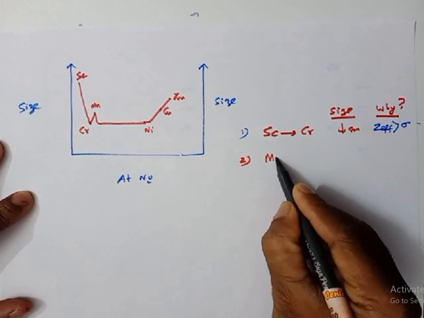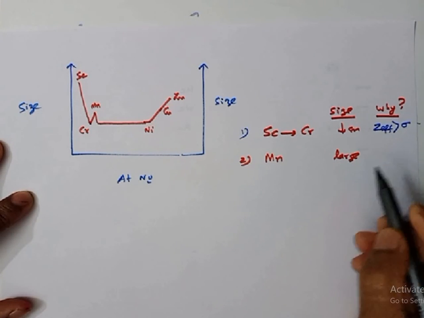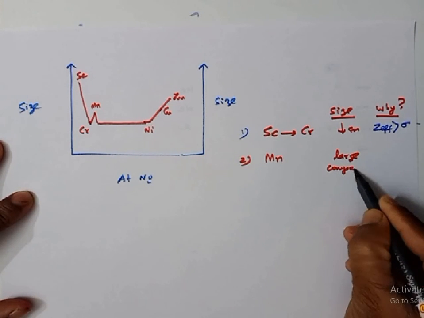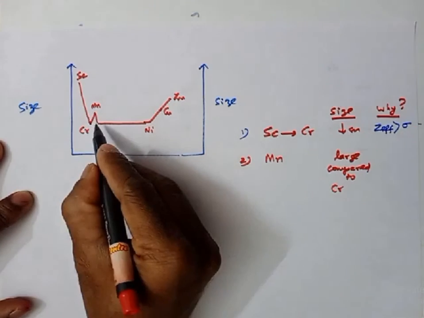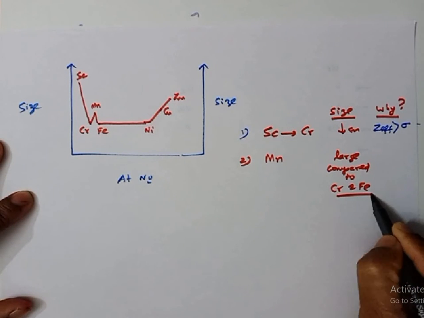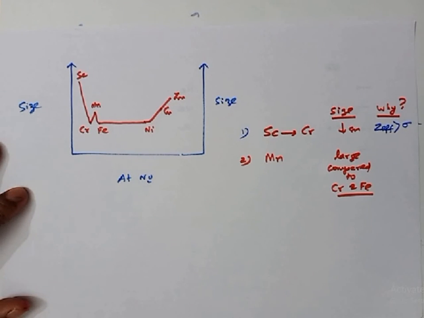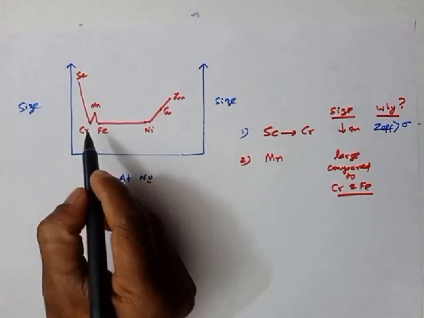Then the second question: why is manganese size large compared to nearby elements, compared to chromium and iron? What's the reason, student? Can you tell me the reason? Why is manganese size large compared to chromium and iron?